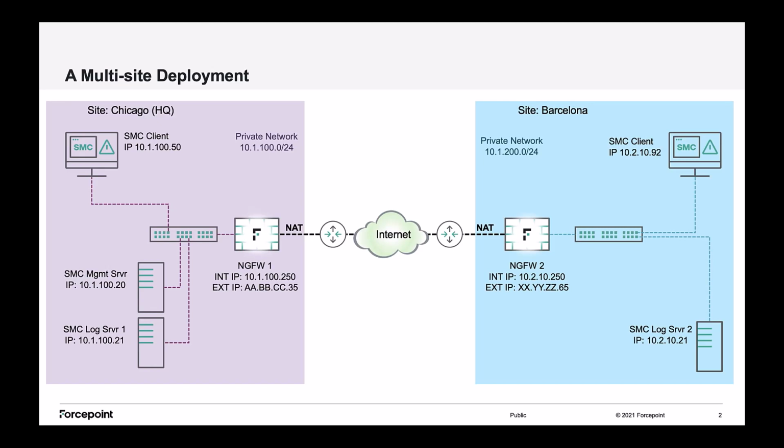Since these private addresses are not routable by the internet routers, in order for the next-gen firewall components in one of the private networks to reach the next-gen firewall components in the other private network, we will need to configure publicly reachable IP addresses for those servers at which they can be reached via NAT. This address is a contact address.